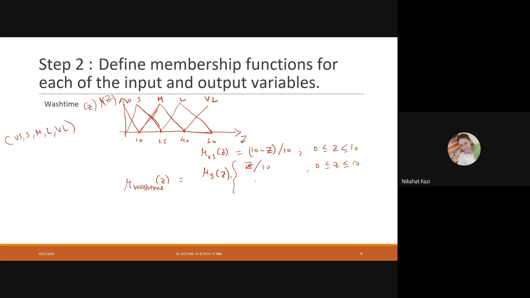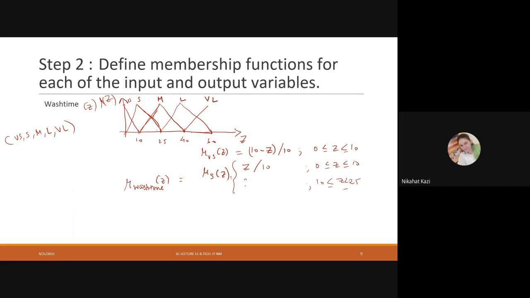Now what is the equation of this line for z value between 10 and 25?